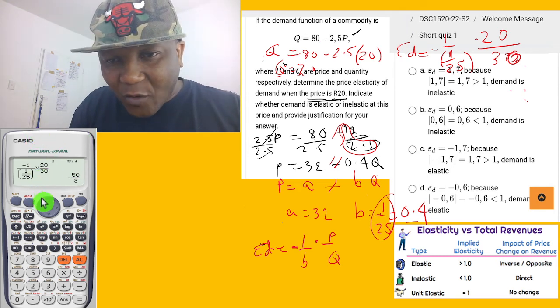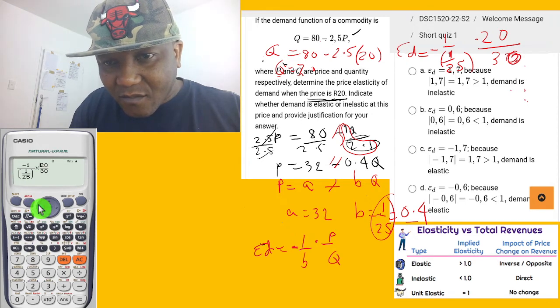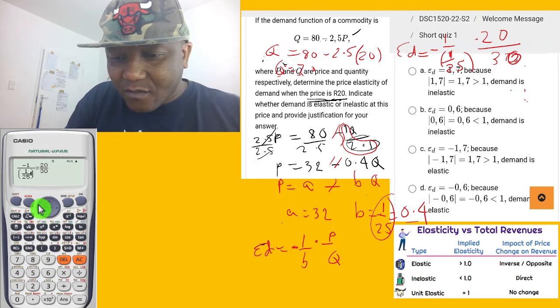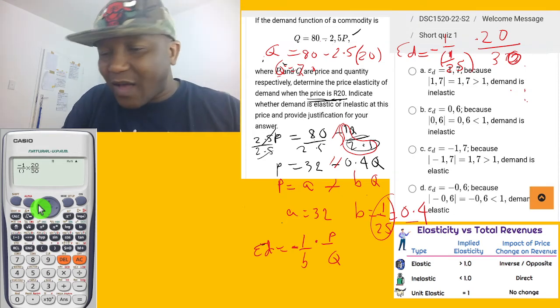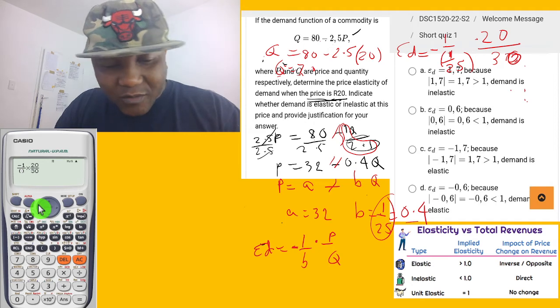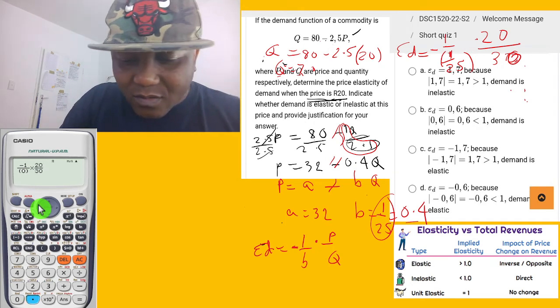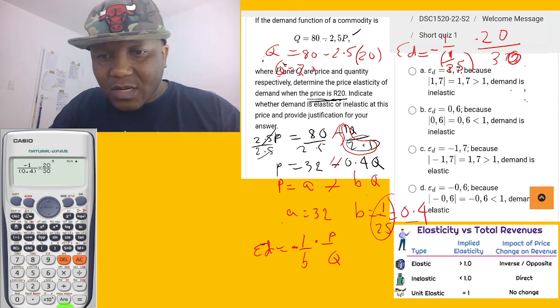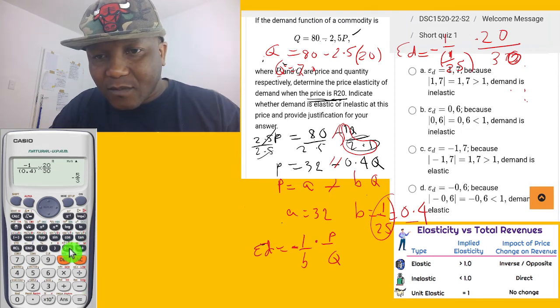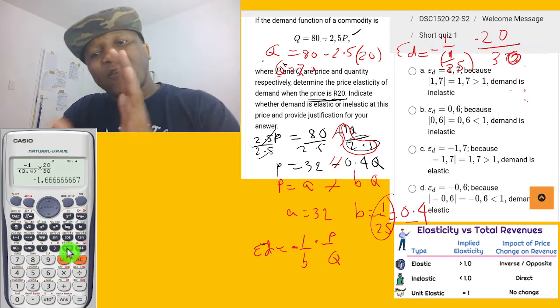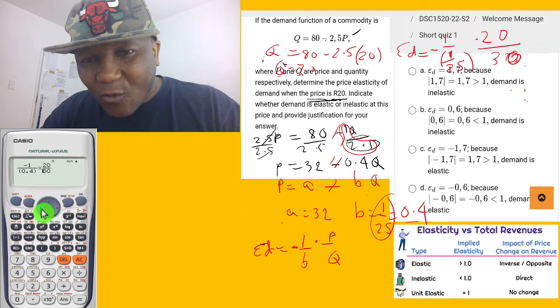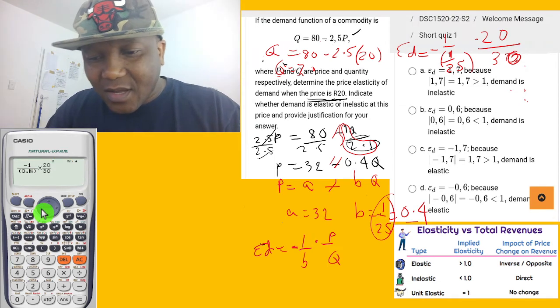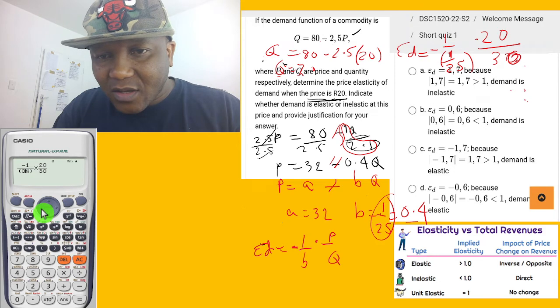See, if you put 0.4 here, which is the same as 1 over 25. Look, you see, negative 1.6666. But even the previous one has to be the same. Let's come here and put the same one.